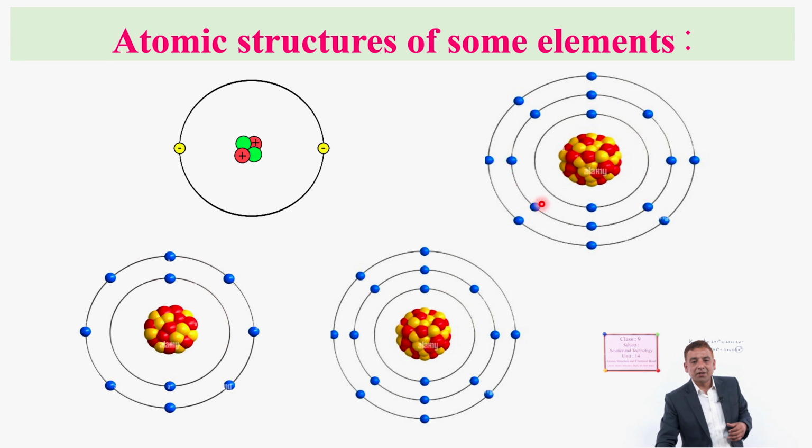At the second you are looking at how many? 8, altogether 10. Then 1, 2, 3, 4, 5, 6, 7. So it consists of the same number of electrons as the chlorine we just discussed. That means this is also the atomic structure of chlorine.